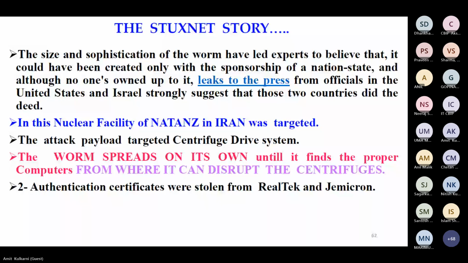Then tomorrow, if there is a case of war where one country is targeting another country, let's assume the US or UK, these countries are the biggest manufacturers of software or OEMs. If tomorrow they share certificates like that, how do we trust? See, try to understand: here the countries or the companies representing those countries have not done it authentically. They are not responsible.